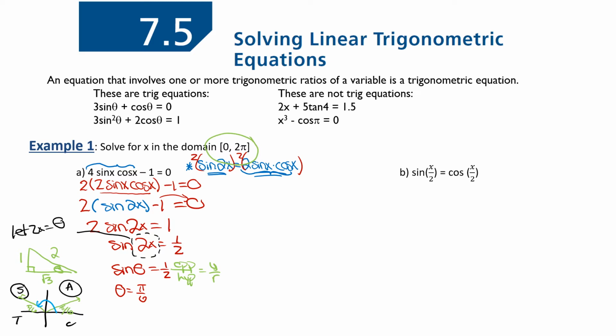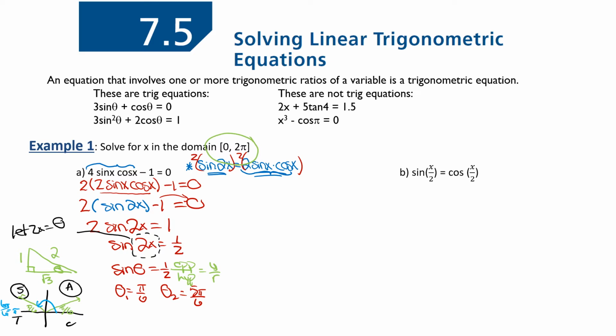If it went all the way to the line, it would be pi, which is the same as 6 pi over 6. But I'm 1 short of that, so I'm 5 pi over 6. So I've got another answer. My theta 1, the first answer I got, was pi over 6. I have another answer. Theta 2 is 5 pi over 6.